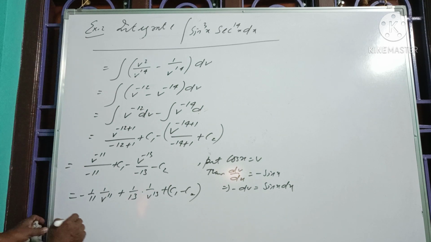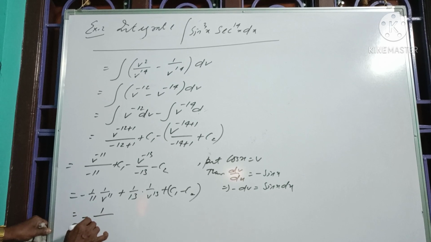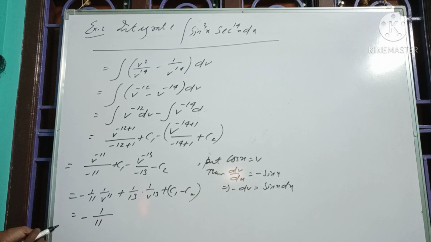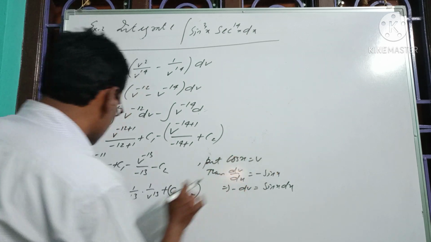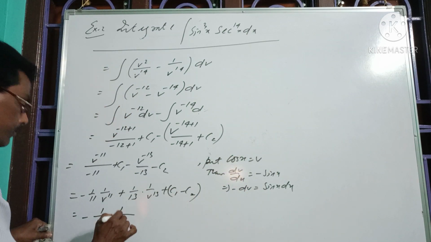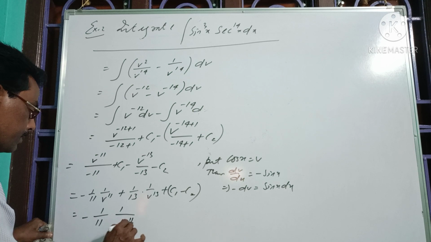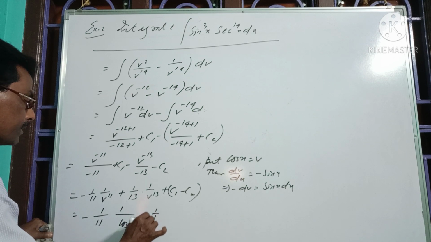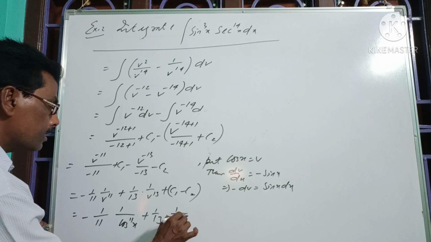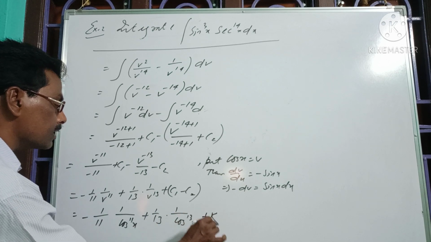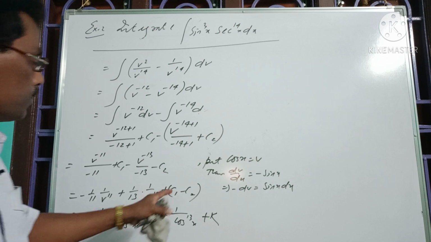So again simplifying, taking v as cos x, we have minus 1 by 11 into 1 by cos to the power 11x plus 1 by 13 into 1 by cos to the power 13x plus k in place of the constants of integration c1 and c2.